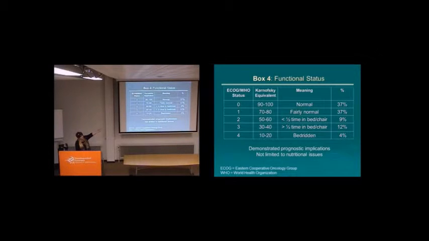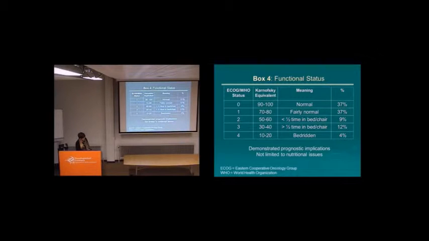So when we take this in the same context, remember it was little impact to potentially life-threatening for the other ones for nutrition. Having an ECOG performance status of 0 means that you have normal activity. 4 means you're bedridden. Again, very easy to figure out. Even if you forget them now, you can remember them very easily. 1 is fairly normal. 2 is less than half of your time in bed or chair. 3 is more than half of your time in bed or chair.